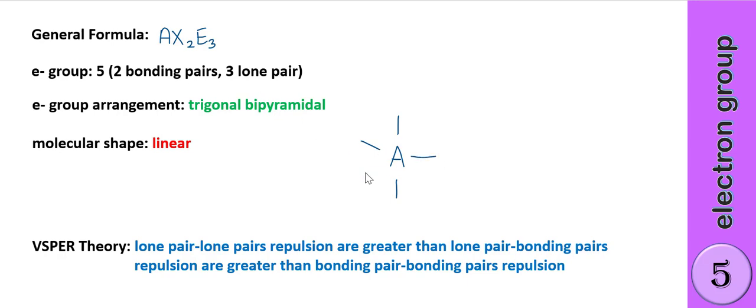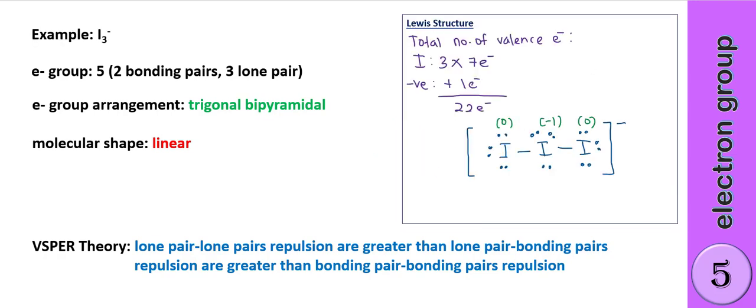I'm going to remove the bonding pairs in the equatorial position and replace them with lone pairs. So we have 2 lone pairs here and 1 lone pair there. So the bond angle will become 180 degrees.